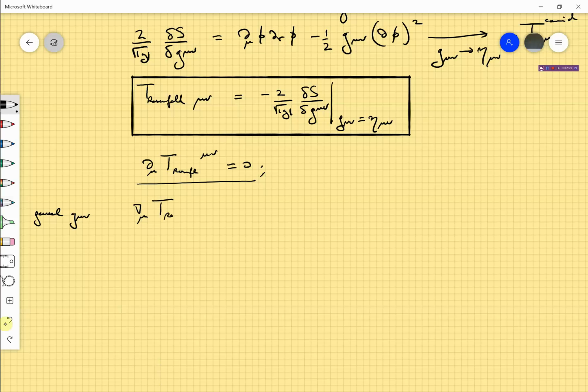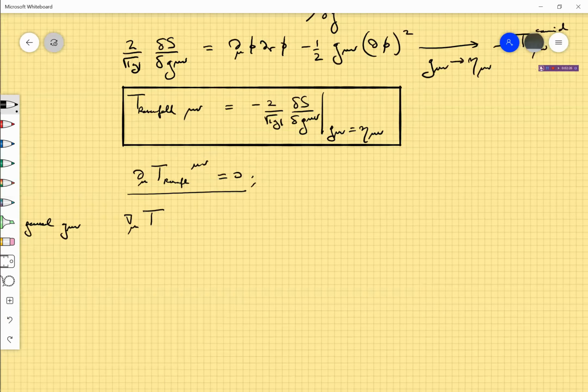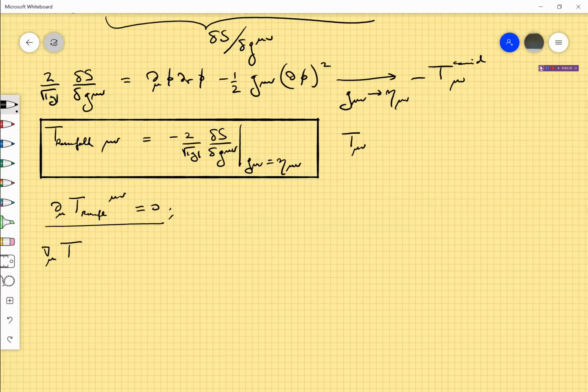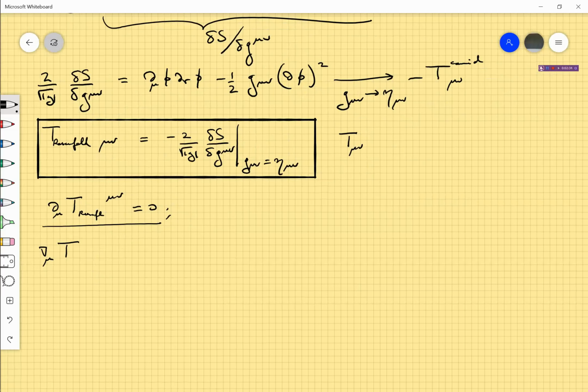So let me call the energy momentum tensor that one gets without imposing that the metric is the Minkowski metric the gravitational energy momentum tensor.